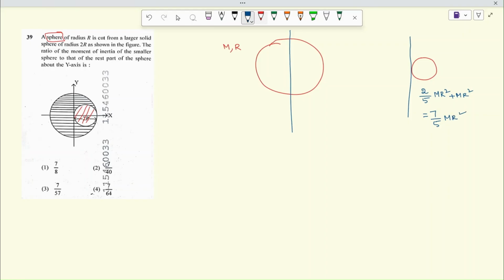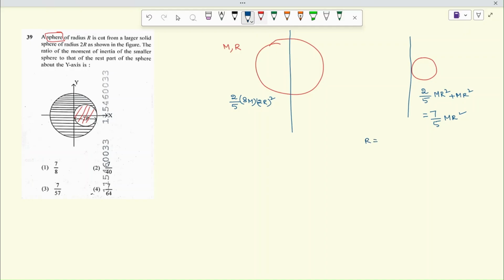Whereas for the bigger sphere, if you did not remove anything, then it is 2/5 into what is mass? 8 times the smaller mass, into radius 2r whole squared. Why is it 8 times?